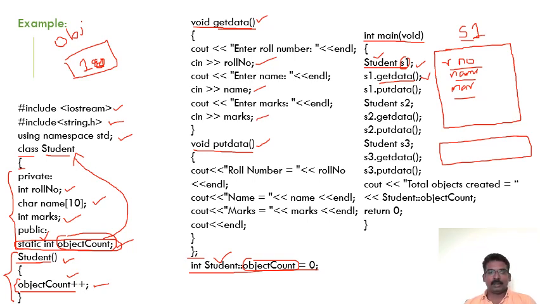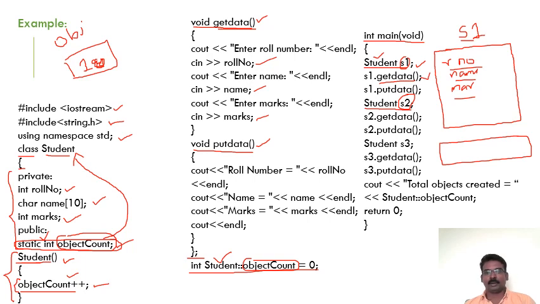Similarly, the second object gets created. All the activities carried out for the first object creation will also be done for the second object creation.